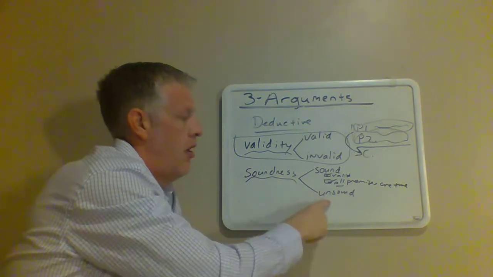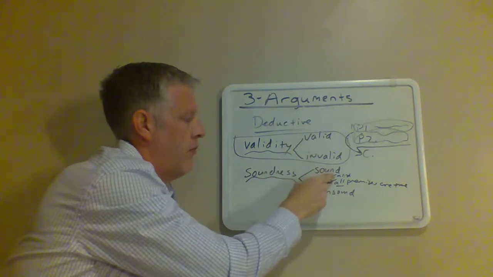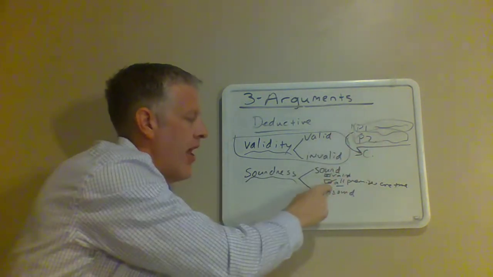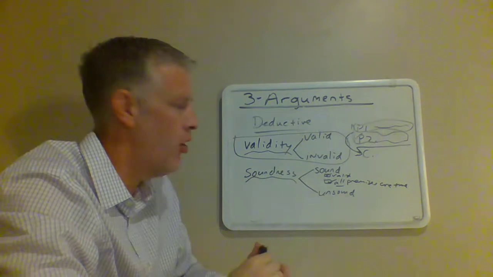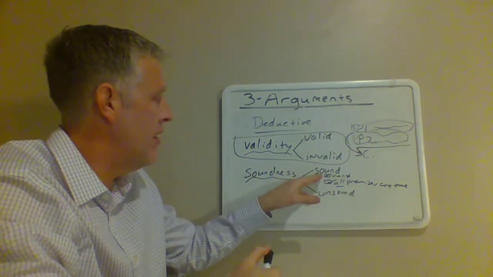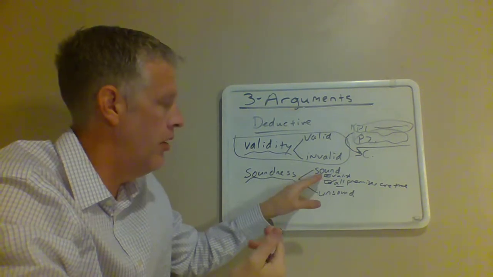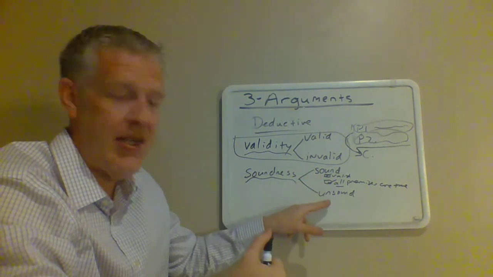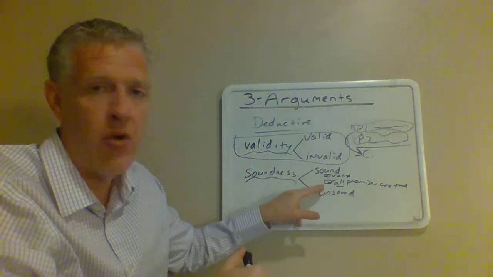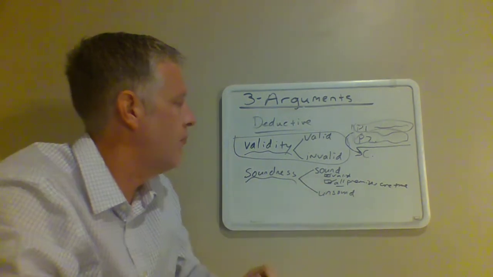But provided you've determined that the argument's valid, and you've analyzed the premises and they all seem to be true, then and only then is the argument sound. So a couple of things can make it unsound: it's not valid, or one or more of the premises is false.